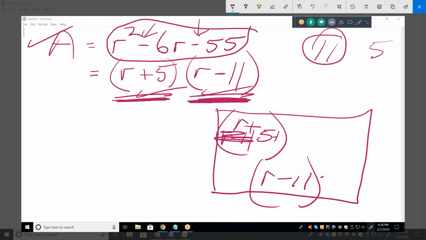All right, so it's asking what the length and the width of the rectangle would be. Well, there's a lot of answers. Did they give you an area? Did they give you a number? Okay. So, let's say r's got to be at least 12, right?